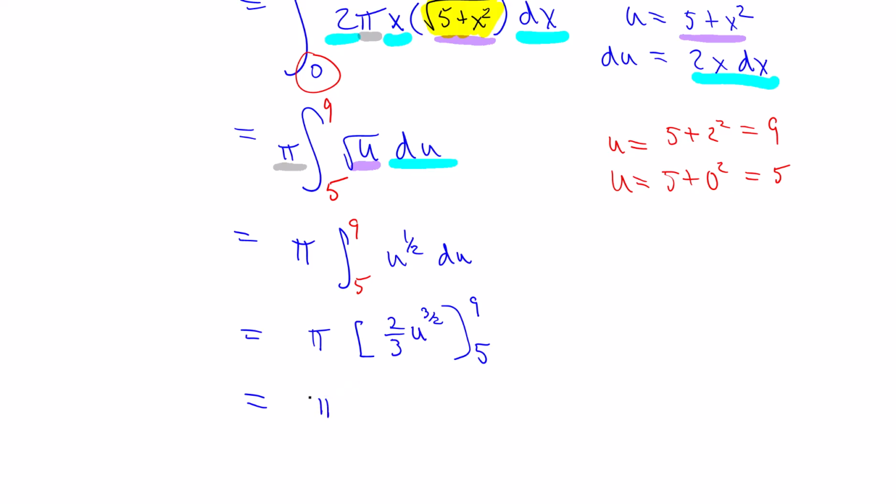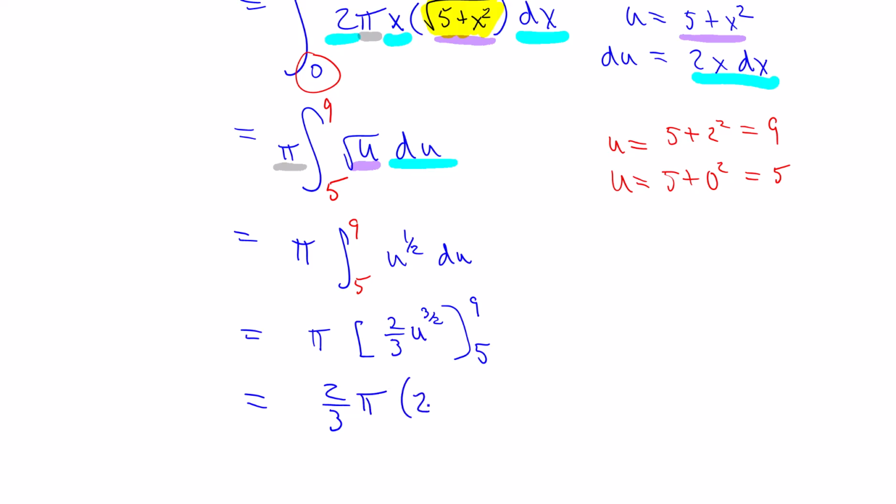So let's put this together. We have pi as our constant out front. And then plugging in 9 for u first, and then take away 5. Let's put the final step down. So this will really just be 2/3 times pi. All those constants just float to the front.